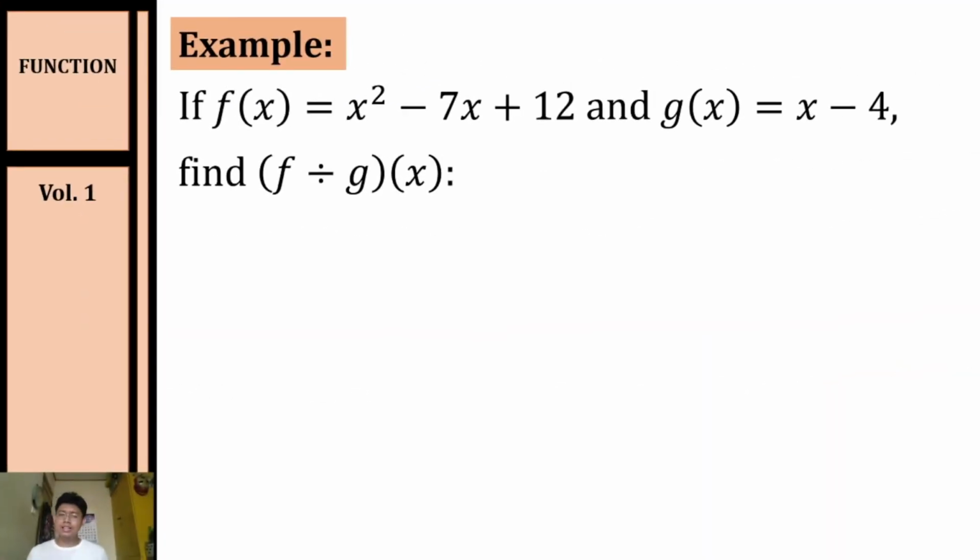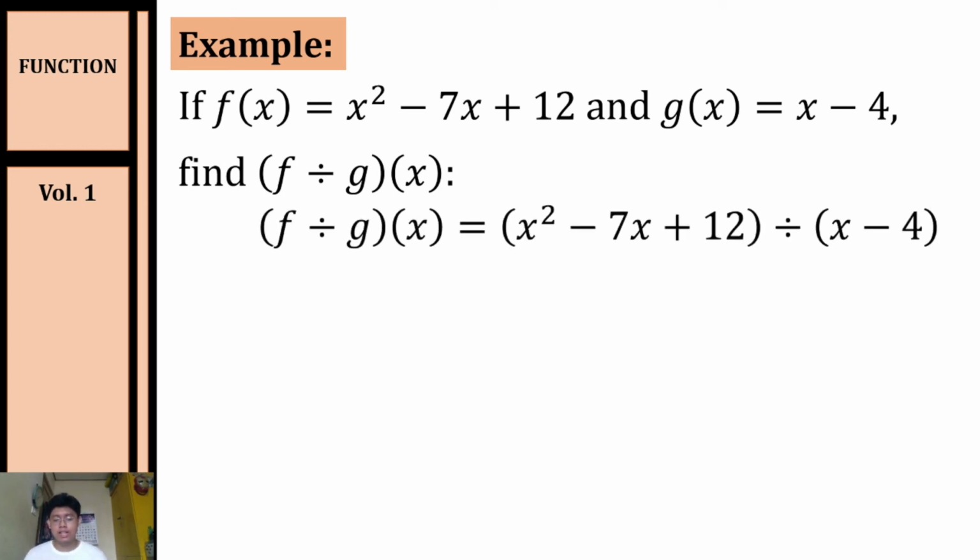Alright, let's have our last example for today. So if f of x is equal to x squared minus 7x plus 12 and g of x is equal to x minus 4, let's find the quotient of f of x and g of x. So first step is for us to substitute the values of f of x and g of x. So let's divide them. We have x squared minus 7x plus 12 divided by the quantity x minus 4. Okay, let's write it in the form of a rational expression.